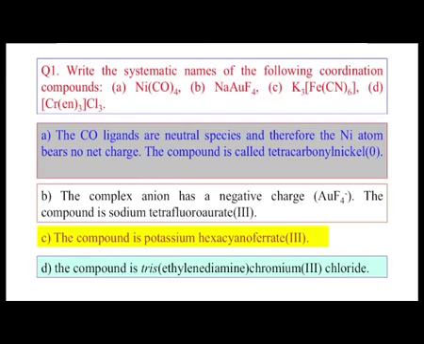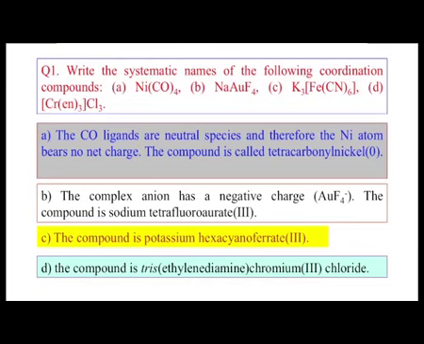Here we see a neutral ligand, here an anionic ligand, here also an anionic ligand, and here again a neutral ligand, but chelating, with the chloride groups outside the coordinate sphere. So how do we write these for naming?